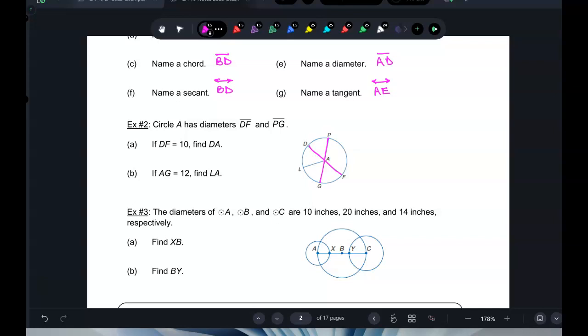DA is 5. The radius is half of the diameter. So DF is a diameter, so DA is half of it. AG is 12, LA is 12.